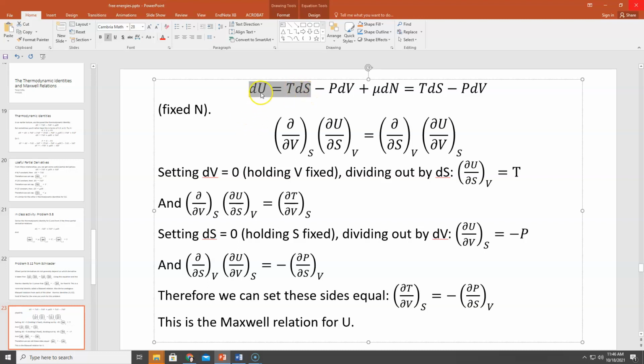If you divide both sides by dS, the partial of U with respect to S holding V constant gives you T. Now you plug it in, and it's the partial of T with respect to V holding S constant. So the left-hand side of that equation would be the partial of T with respect to V holding S constant. Okay? I hope that's clear.